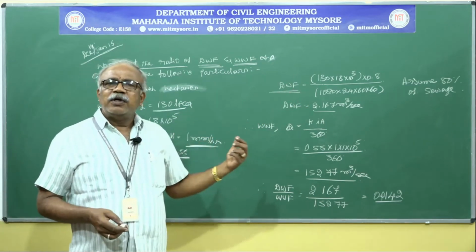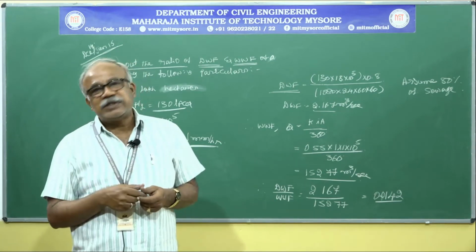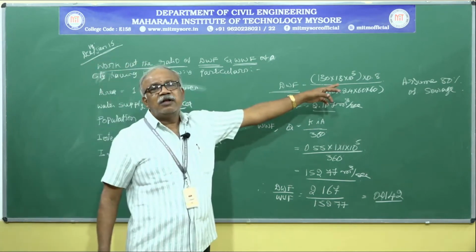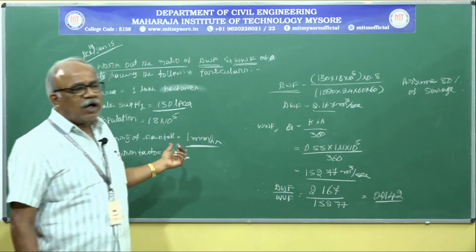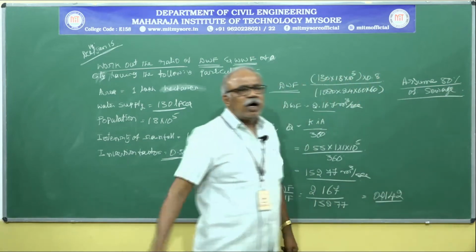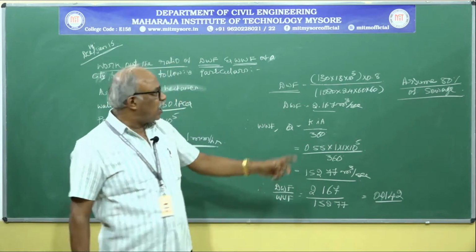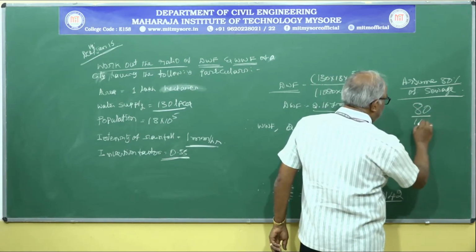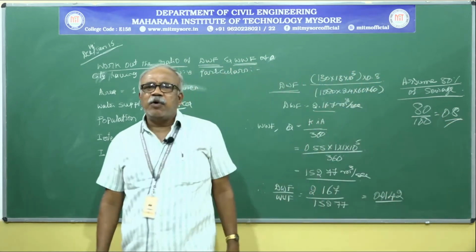In some problems, 60%, 70%, 80%, sometimes even 90% is mentioned. In that situation, whatever data is given, you have to enter that data. But in this problem, it didn't give any data. That's why we take the standard value. According to the standards, we have to assume 80%. That's why I am directly taking 0.8, which is 80% divided by 100.